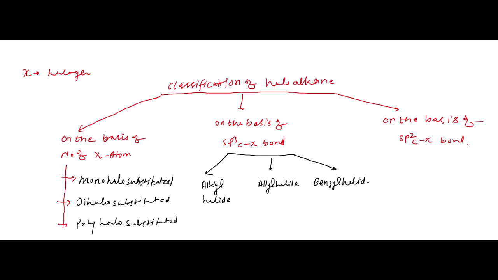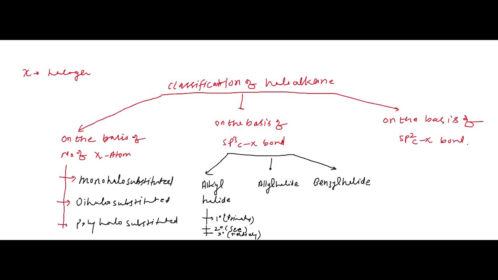Now, alkyl halide is also of three types: 1 degree alkyl halide, 2 degree alkyl halide, and 3 degree alkyl halide. These are also called primary, secondary, and tertiary. You need to keep that in mind.